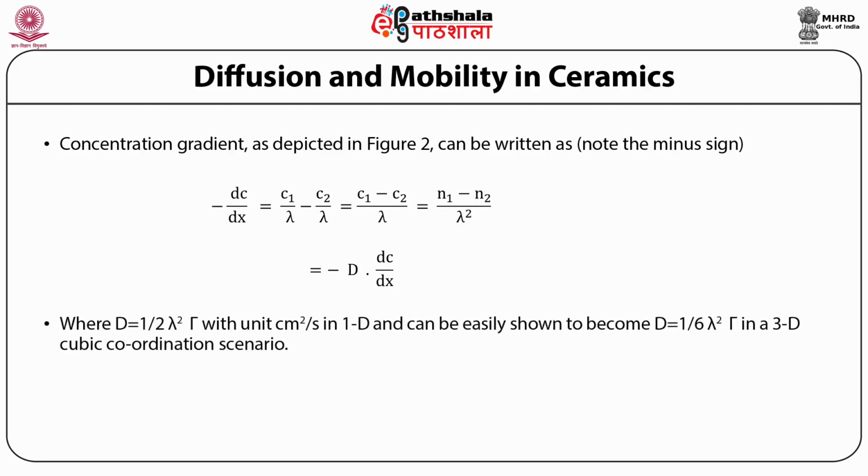Here, D is equal to 1 by 2 lambda square into gamma, with unit centimeter square per second in one dimension. It can be shown that D is equal to 1 by 6 of lambda square gamma. So this case is in a 3D cubic coordination scenario.